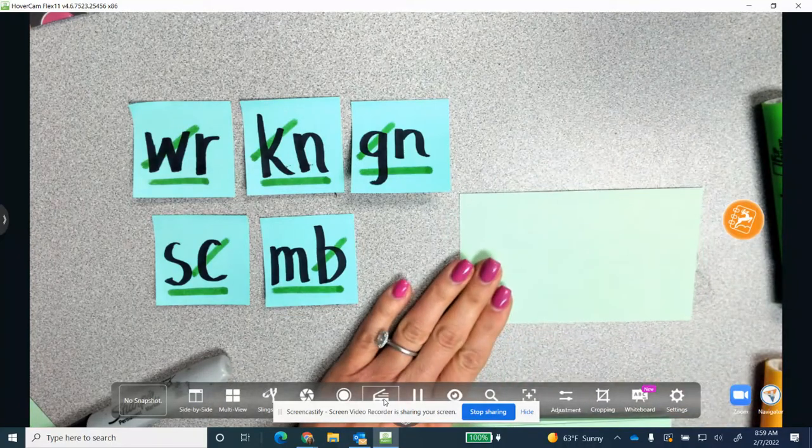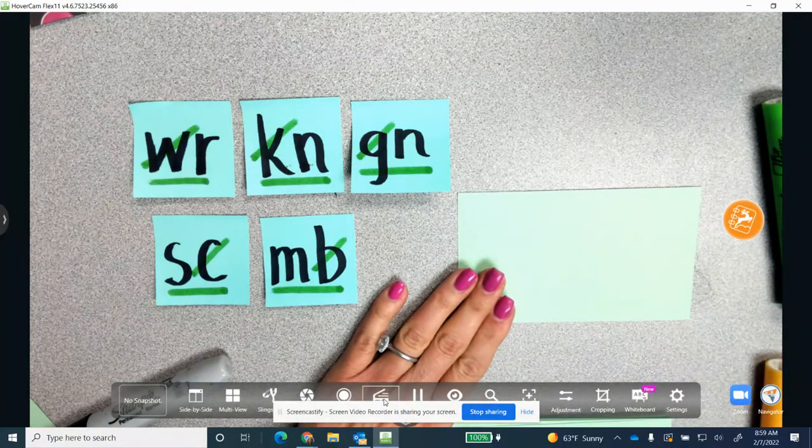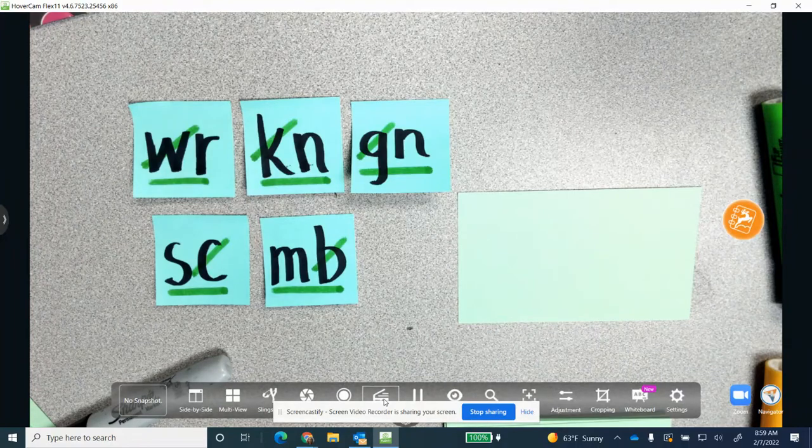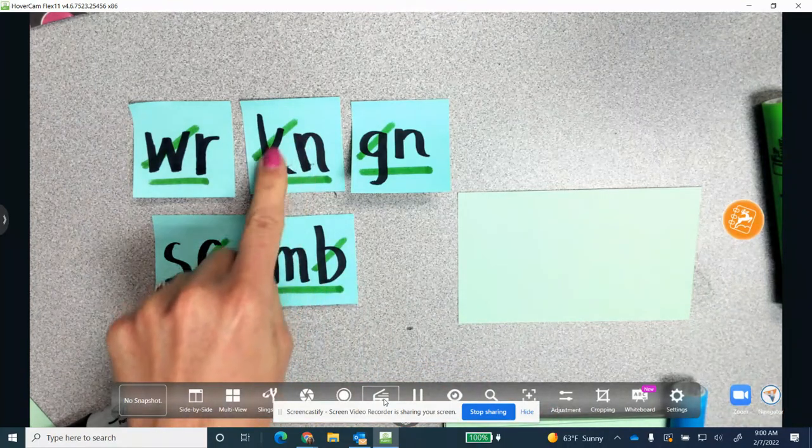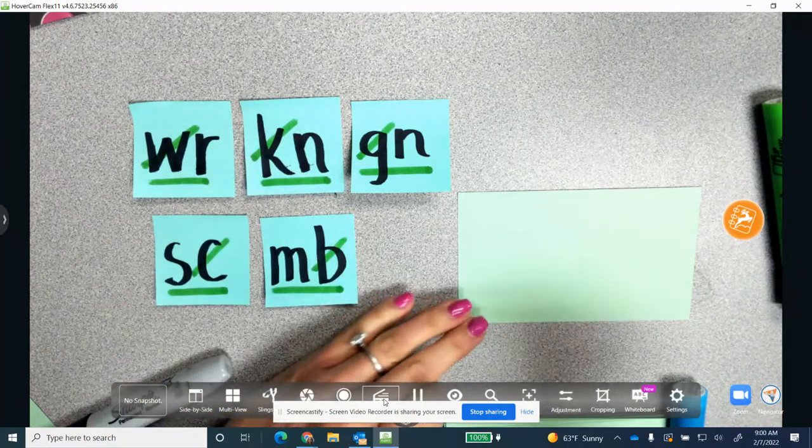Number 8, no. Now, no is a homophone because no can be like the opposite of yes. Like, no, you cannot go to your friend's house until your room is clean. So that's spelled N-O. But we are referring to knowledge in your brain. Do you know the way to the library? And we are going to use this spelling pattern.